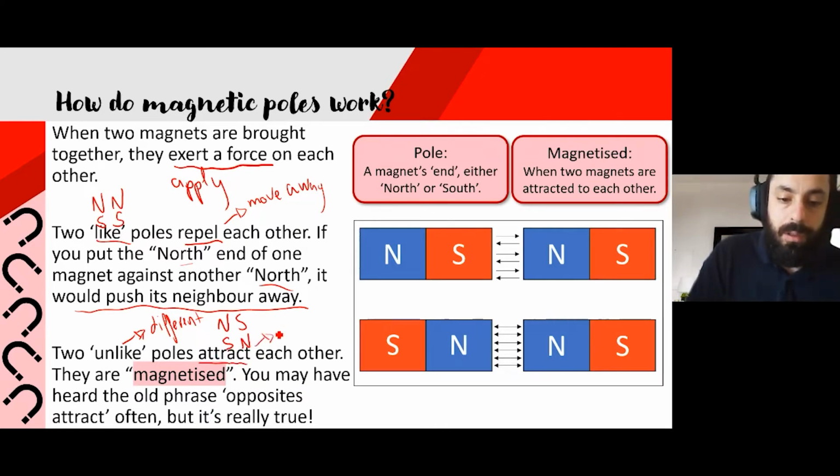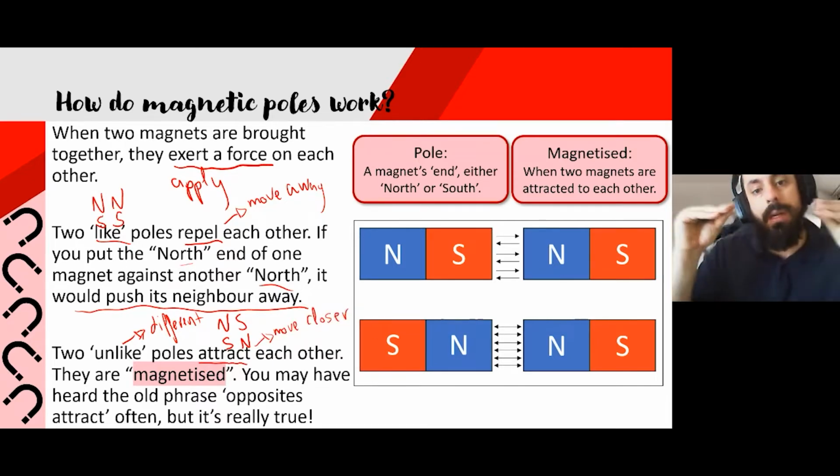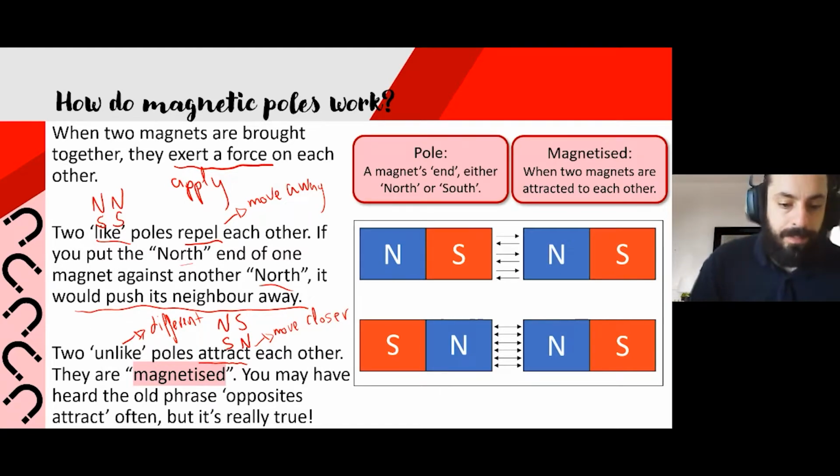So they move closer, okay? They experience a force and it brings them closer. Okay, so you might have heard the sentence before, opposites attract. Well, in the case of magnets, that's completely true, guys.